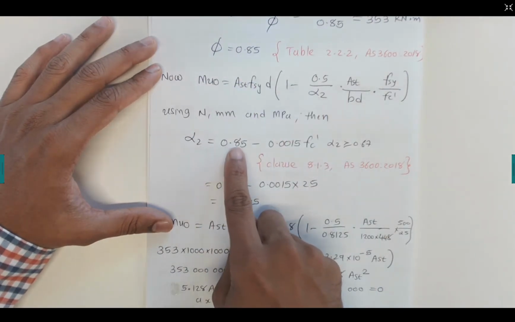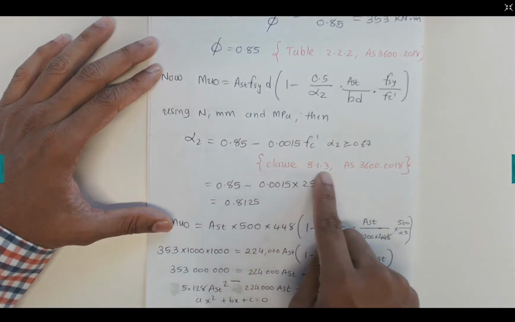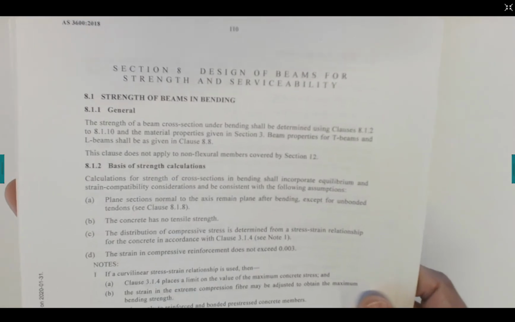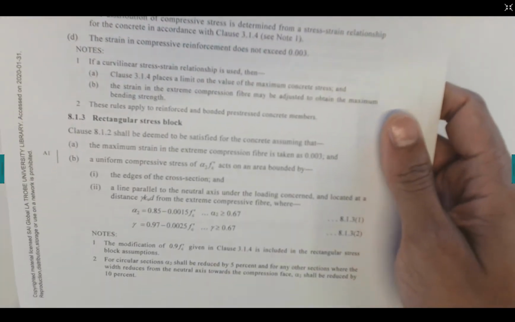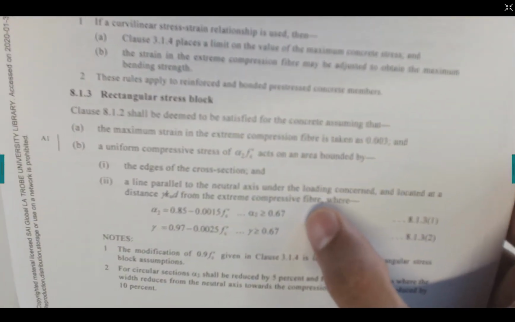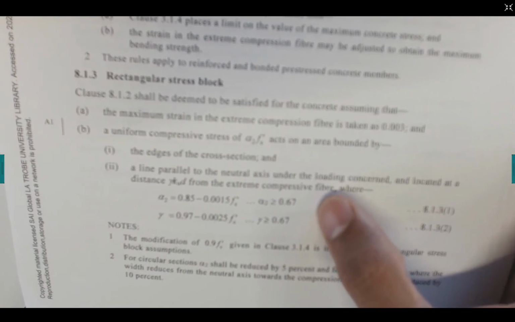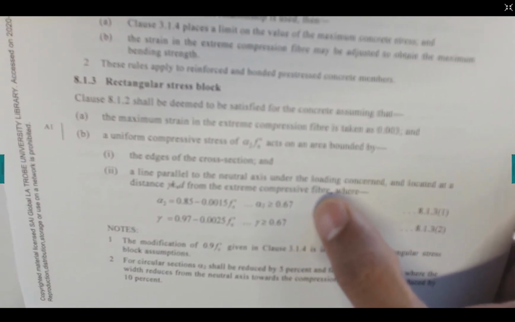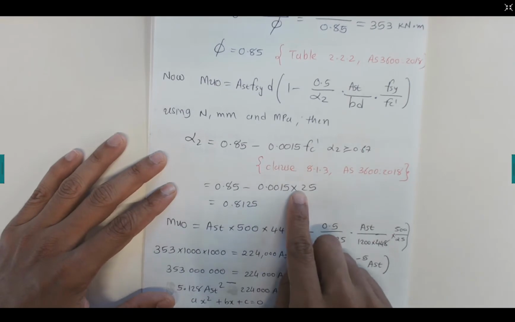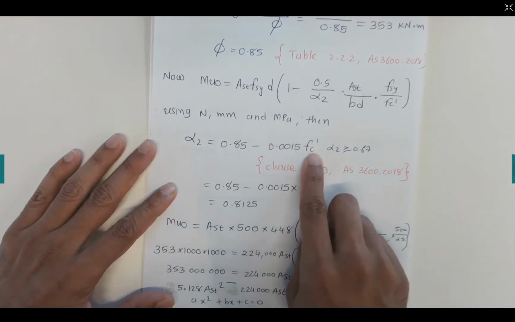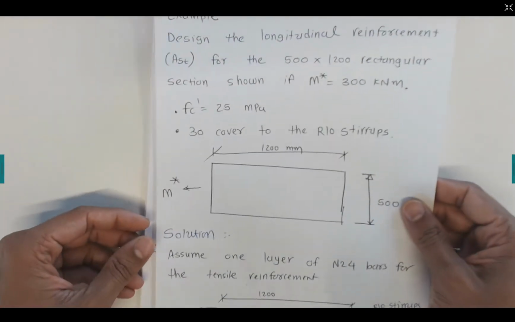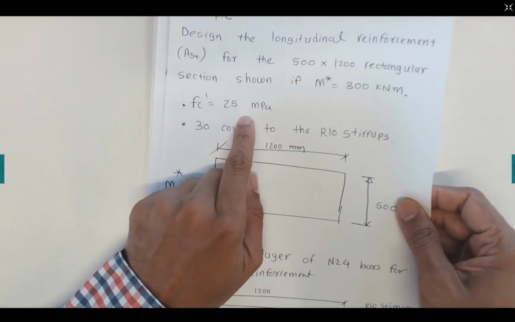Alpha 2 has an equation, taken from clause 8.1.3 on page 110 of AS3600. In clause 8.1.3 we have the equation alpha 2 equal to 0.85 take away 0.015 f'c, so that is written here. Now f'c is 25 megapascals, given in the question.